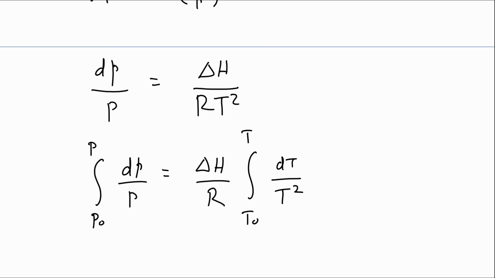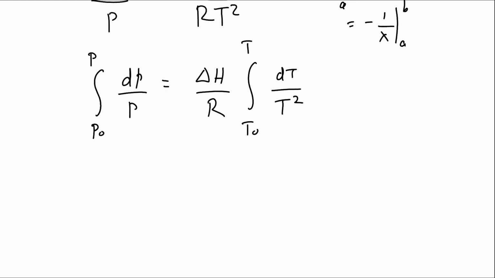So that's the integral of T to the minus 2. And remember, what is the integral of x to the minus 2 dx? It's minus 1 over x, and if I go from A to B, I'd evaluate that from A to B. So that's calculus.